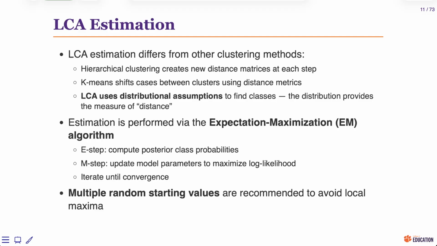Then, conditional on those probabilities, we flip to the M step, where we maximize the log likelihood given that iteration of our analysis. We keep iterating between the E and M steps until the log likelihood doesn't change. At that point, we call the analysis converged, and we look at our results. We hopefully get convergence.